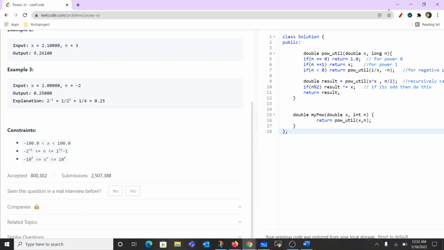Now for that, we could simply check how we can optimize it. See, when we are given some power, like x raised to power 2, how can we write this? We could write it simply like this, right?